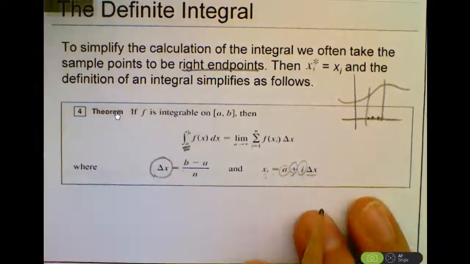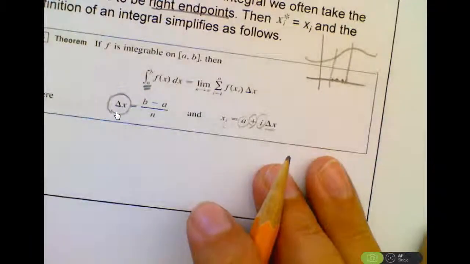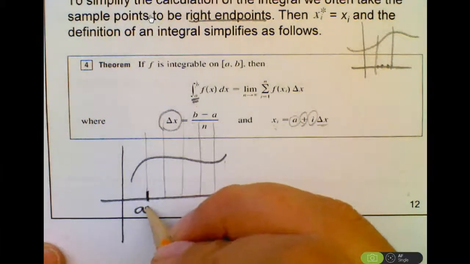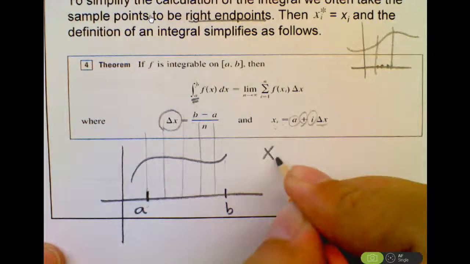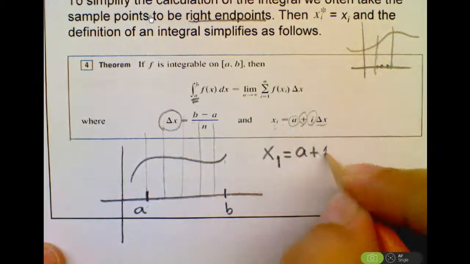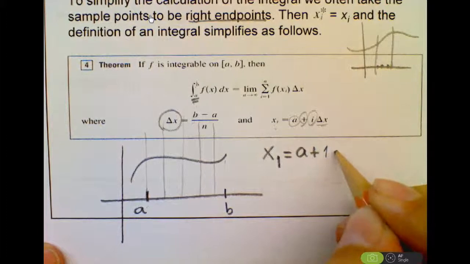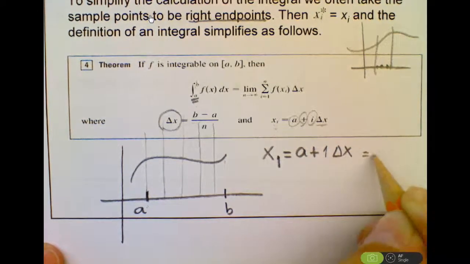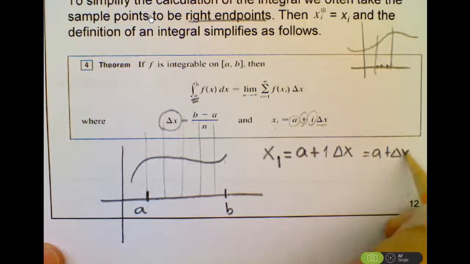For example, if I start at a, x sub 1 will be a plus 1 times delta x, which would be a plus delta x.